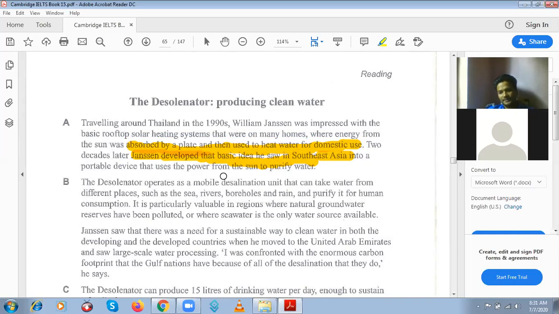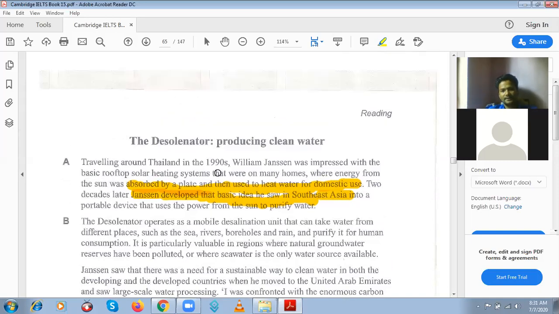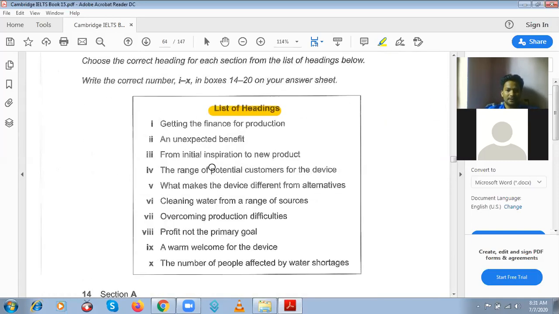What is the central theme of this passage? First he saw the rooftop solar system, then after 20 years he made the device. Let's read the headings. Getting the finance for production: nothing about finance and production.